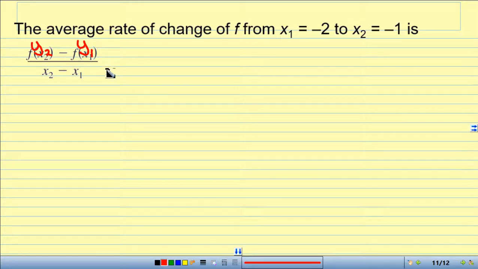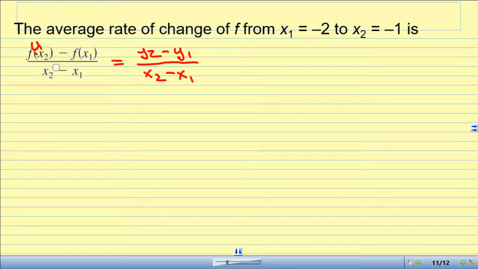So the y value when I plug in x1, that's y1. So it's y2 minus y1. See, all this is just the slope equation, y2 minus y1 over x2 minus x1. That's all it is, just the slope equation. So what you're just going to do is find the slope.